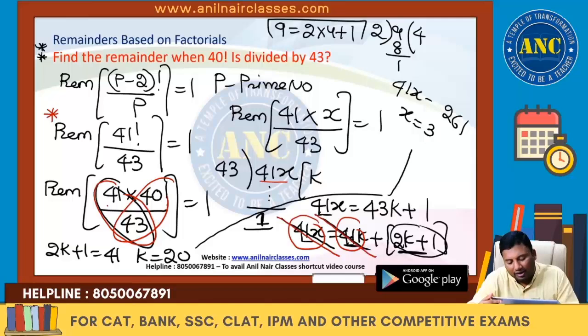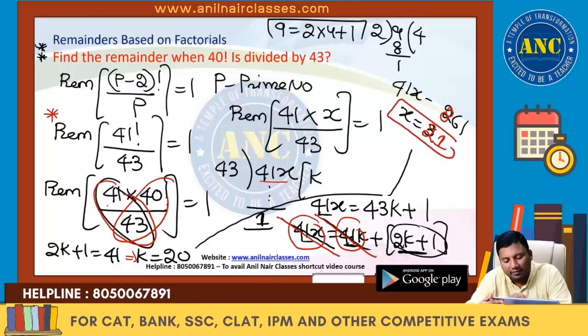Divisible by 41, so 2k plus 1 is 41, k is 20. If I substitute k as 20, 43 into 20 is 860 plus 1, 861. So x is 21. I hope the idea is clear.